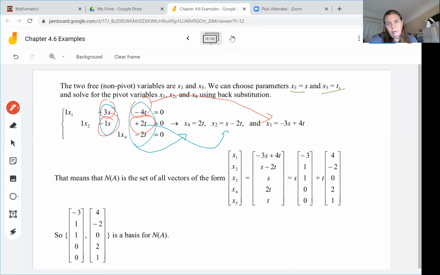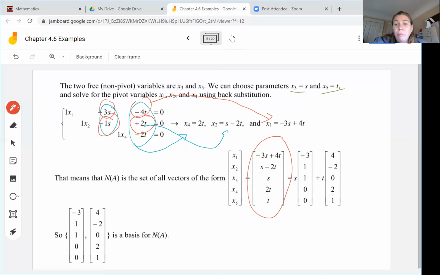in this form, where x1 is negative 3s plus 4t, and x2 is s minus 2t, and x3 is just going to be s. x4 is 2t, and x5 is just going to be t. So when I said s is s, I could have said x3 is s and x5 is t.